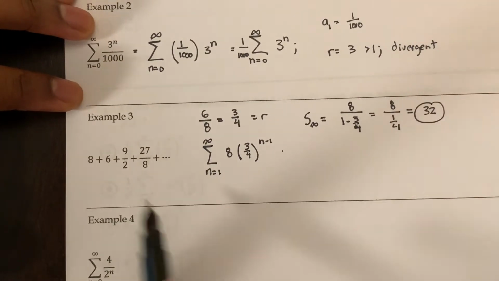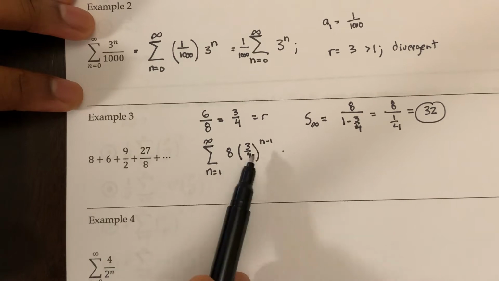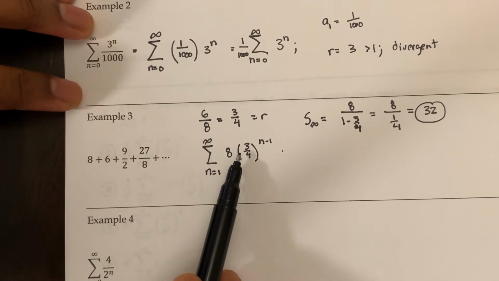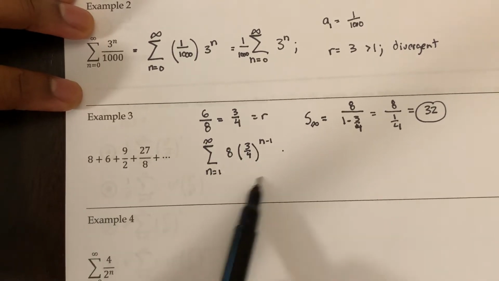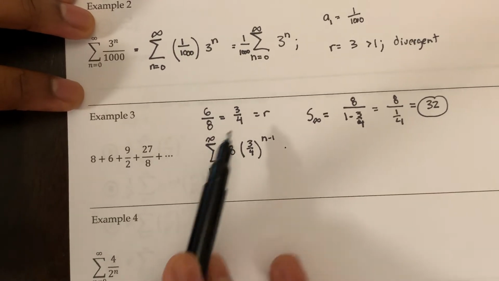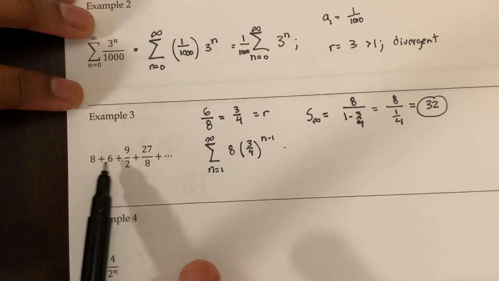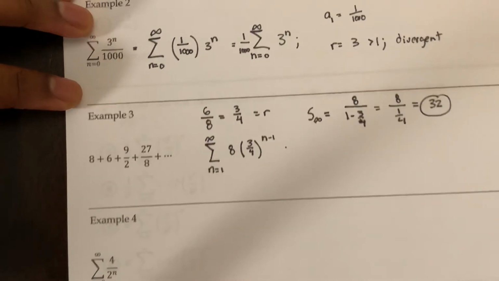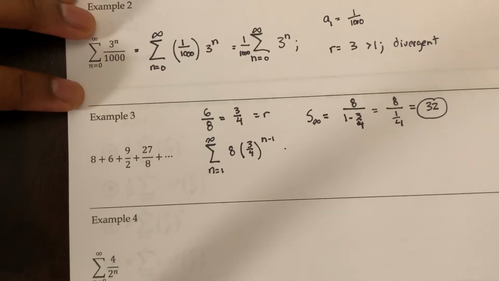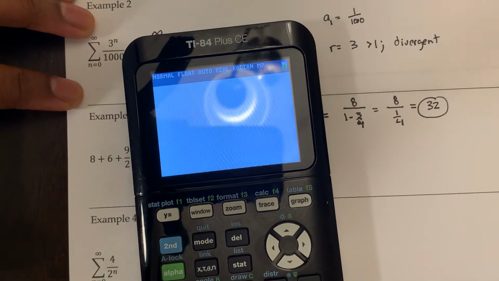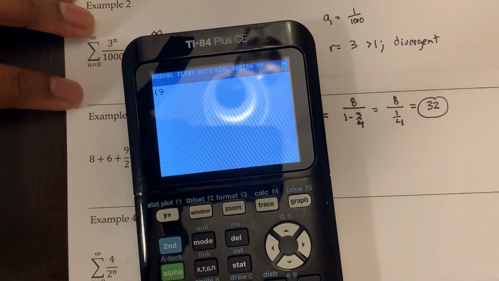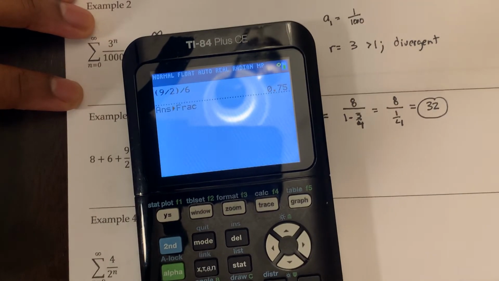So we took this string of terms and turned it into a proper sum like this. And again, we could find this common ratio by dividing any two consecutive terms, right divided by left. So if we did 9 halves divided by 6, we would get 3/4.